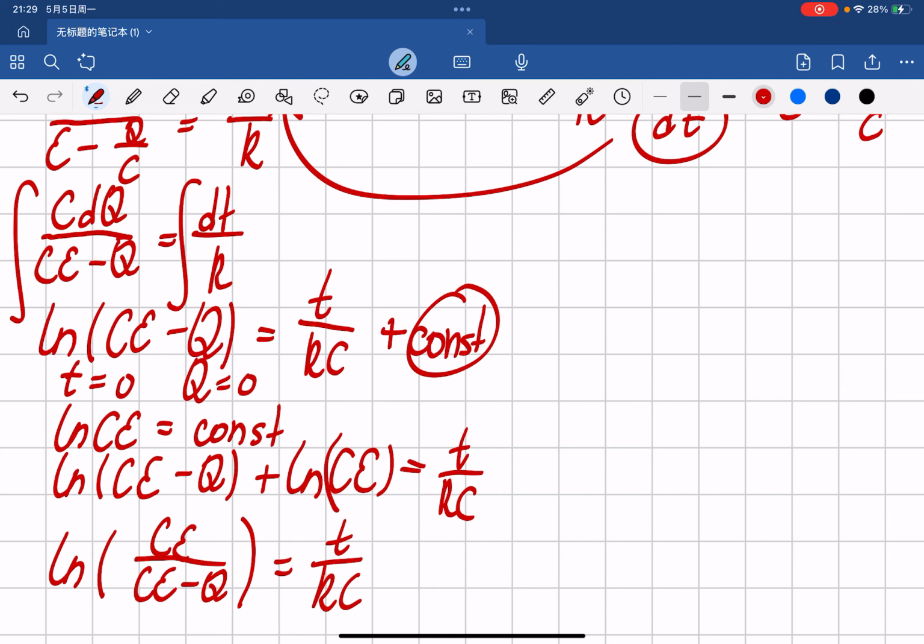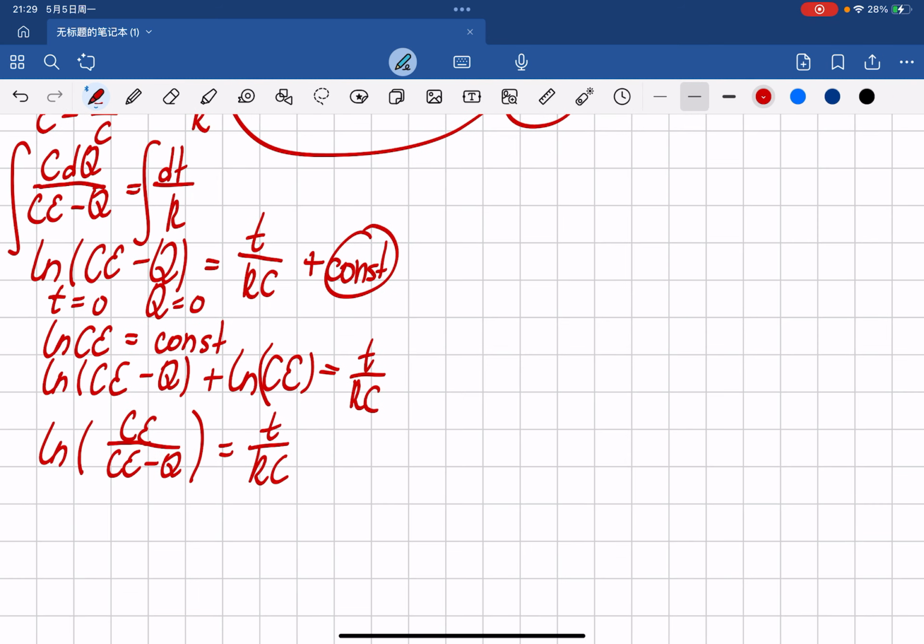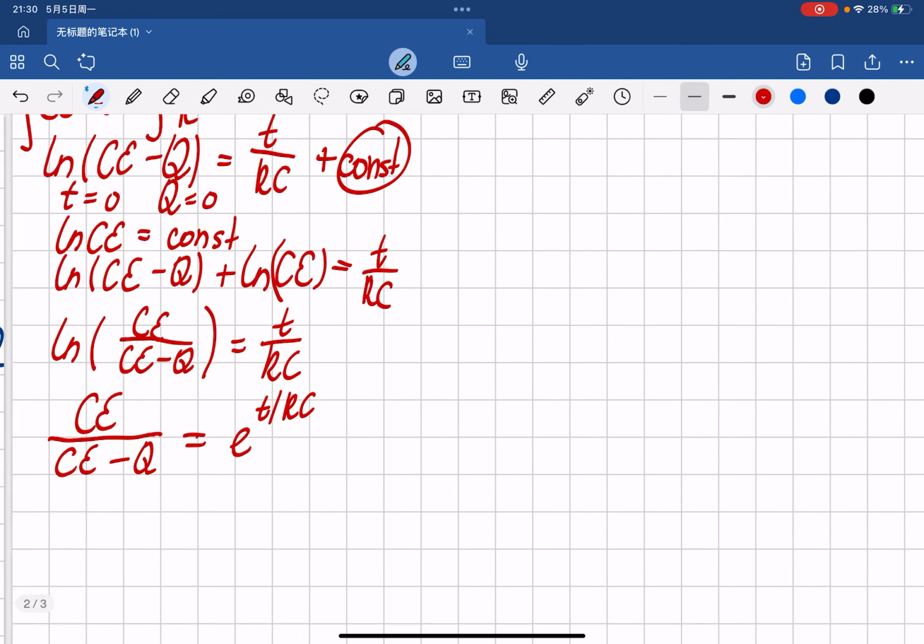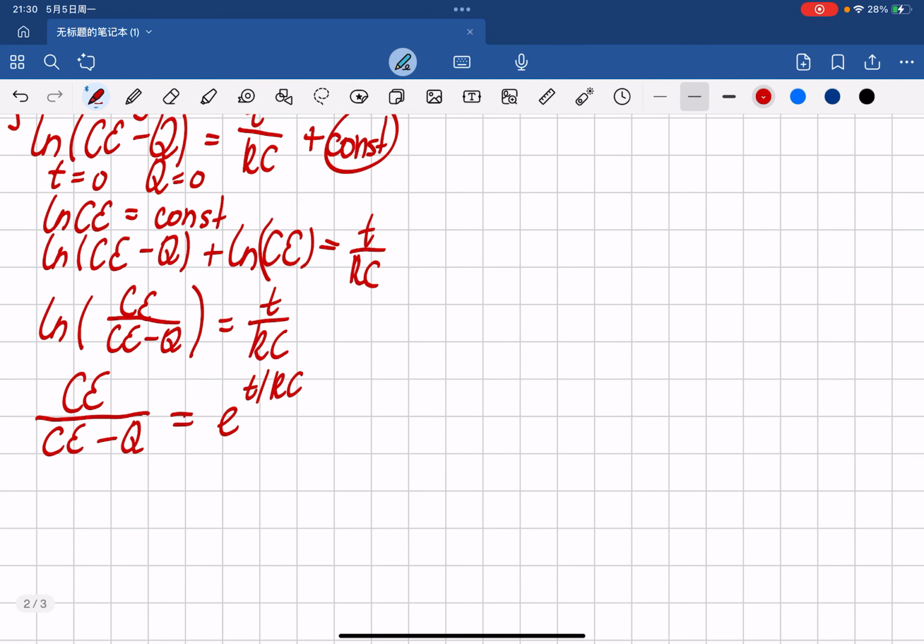Now take the exponent of both sides. Then we will write that CE over CE minus q will be equal to e with t over RC in the power. And we will flip both sides, flip like change top and bottom.